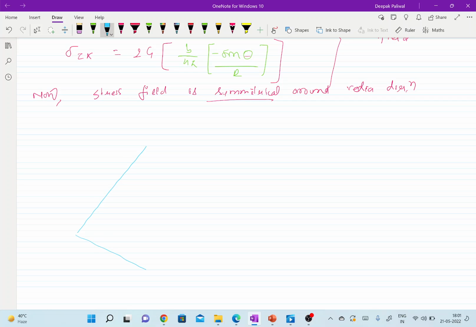I am just drawing cylindrical coordinates.